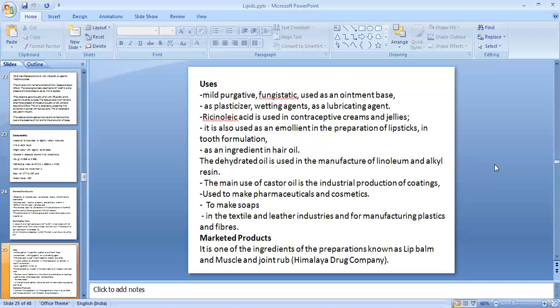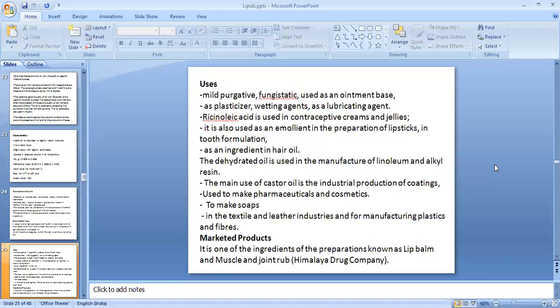Nowadays, the condition is getting reversed. The hydrogenated oil is used in the manufacture of linoleum and alkyd resin, and for industrial purposes, the oil is used for coating.